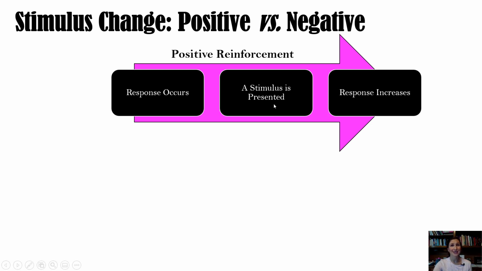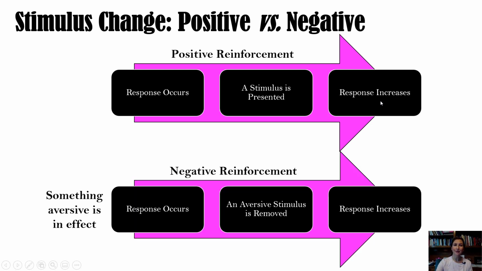So the stimulus change is that something gets added in the environment, and therefore the response increases. Negative reinforcement, something aversive is in effect, the response occurs, and the stimulus change is that something gets removed from the environment. So the aversive stimulus gets removed, and therefore the response increases.